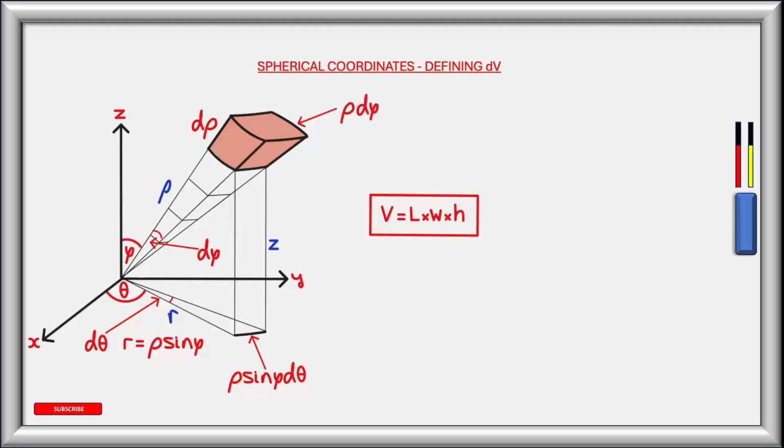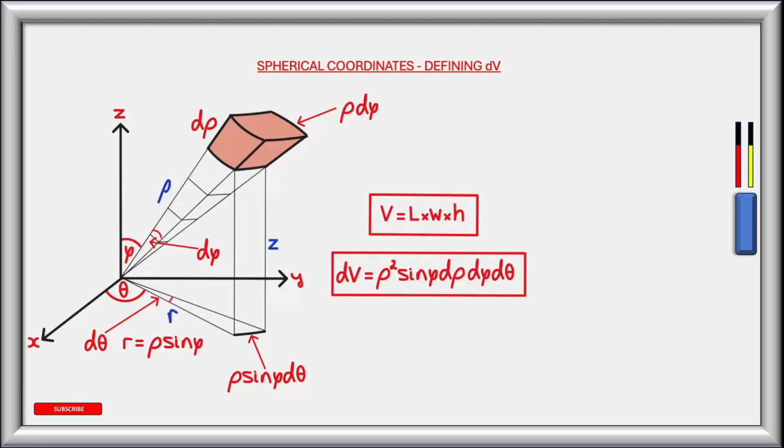So the length dimension is ρ multiplied by d phi. If we multiply these dimensions together, we see that dv is equal to ρ squared multiplied by the sine of phi, d ρ, d phi, d theta. And we sum all these infinitesimally small pieces of volume using triple integrals to get the total volume.